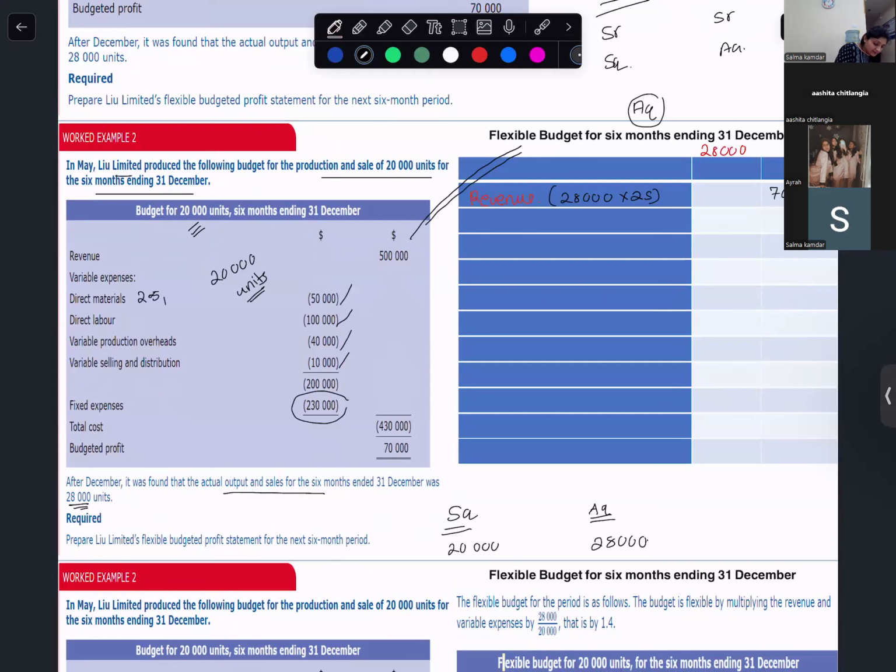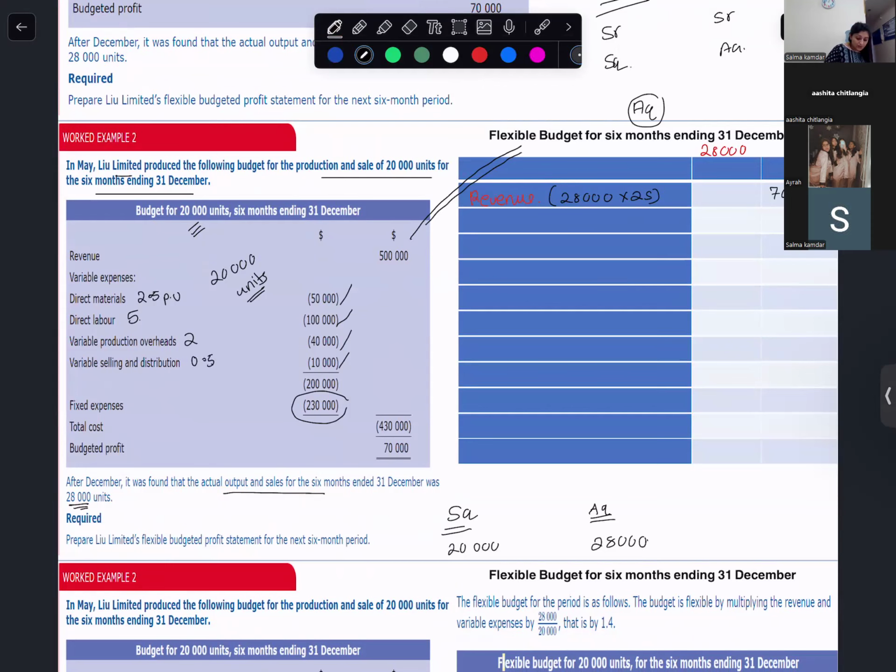Direct labor? Five. Variable production overheads? 2. Variable selling and distribution overheads? 0.5.